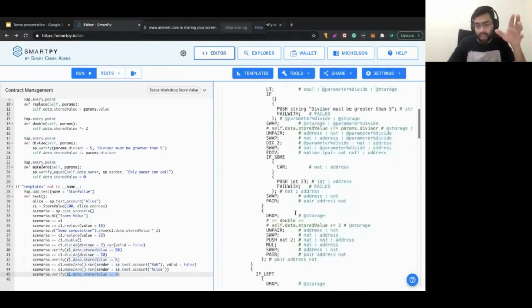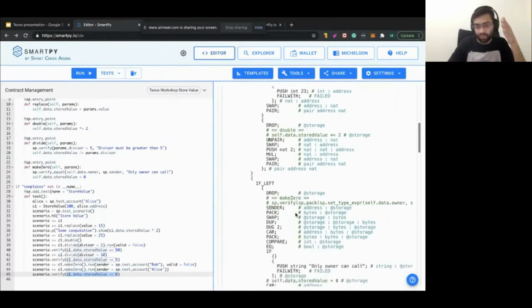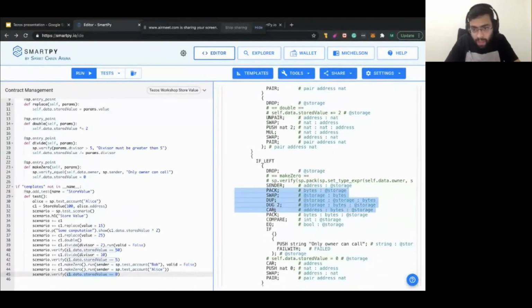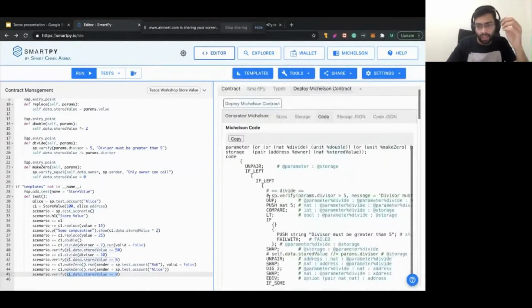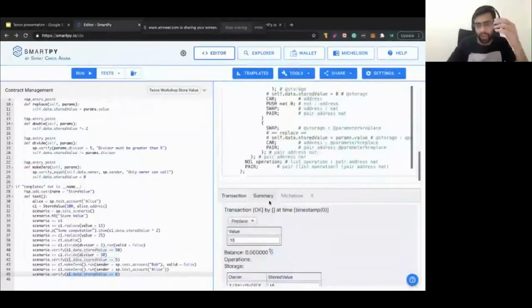If you have to write this, you see, these are all operations. If you've done assembly language, you would know that these are all assembly level opcodes: pack, swap, dup, duplicate, compare, equal, if. So this is readable to some extent, but it's very hard to write, right?